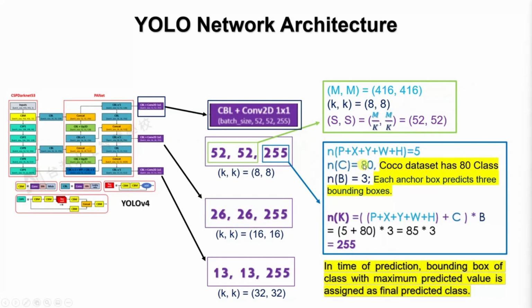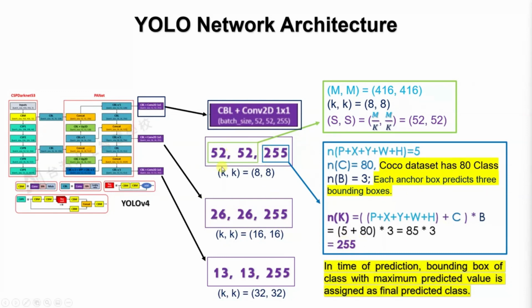That's why the number of classes is 80. Now for each anchor box in this network, it is assumed that there would be a maximum of 3 objects present in that single anchor box. That's why the number of bounding boxes is 3. So if you plug in these values, it becomes 5 plus 80, which is 85, times 3, which is 255.